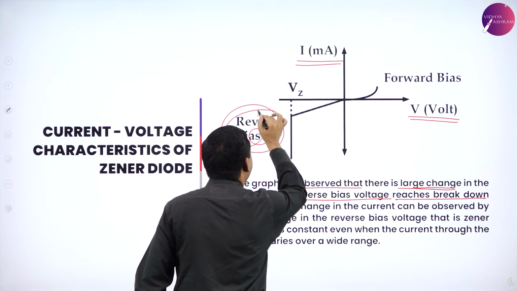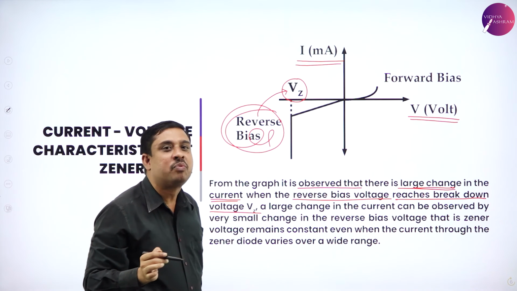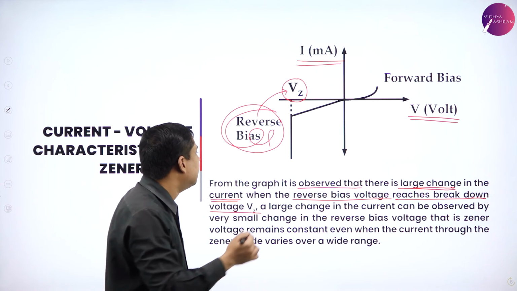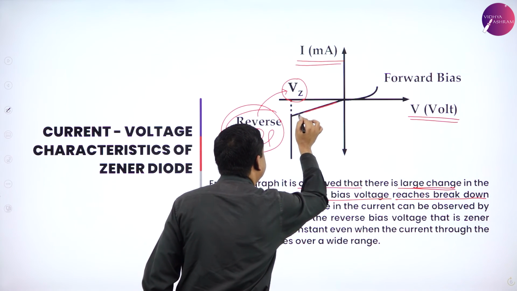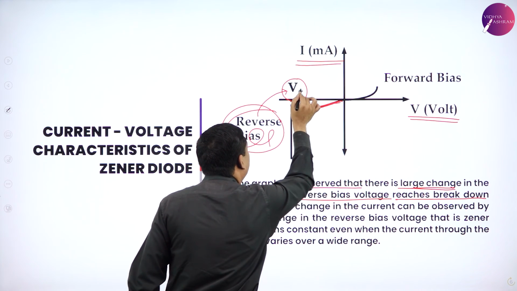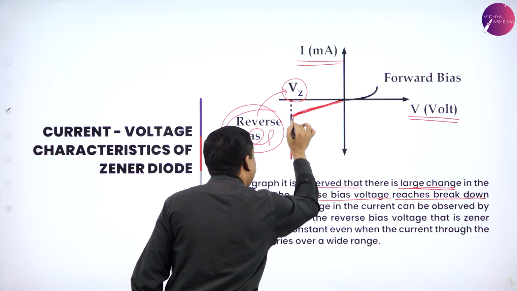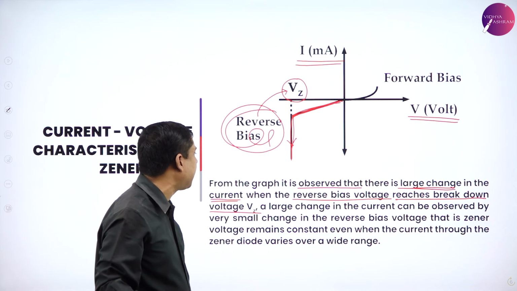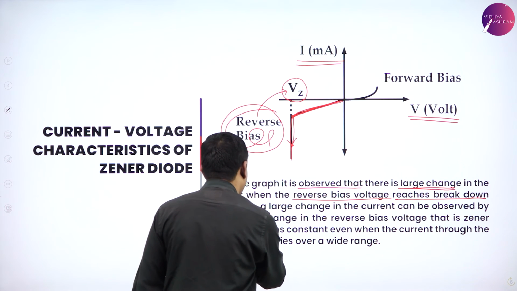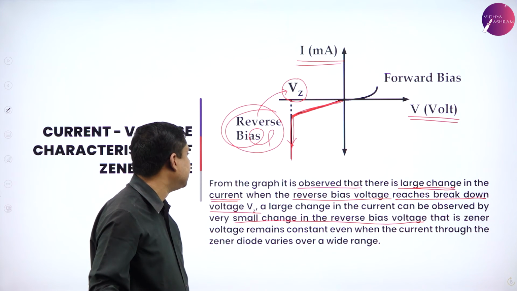When this reverse bias voltage attains VZ, the Zener voltage, there is a large change in current. Until here there is some consistency, but once the Zener voltage is reached, there is an exponential change in current. And this can be observed by a small change in the reverse bias voltage, that is, the Zener voltage.